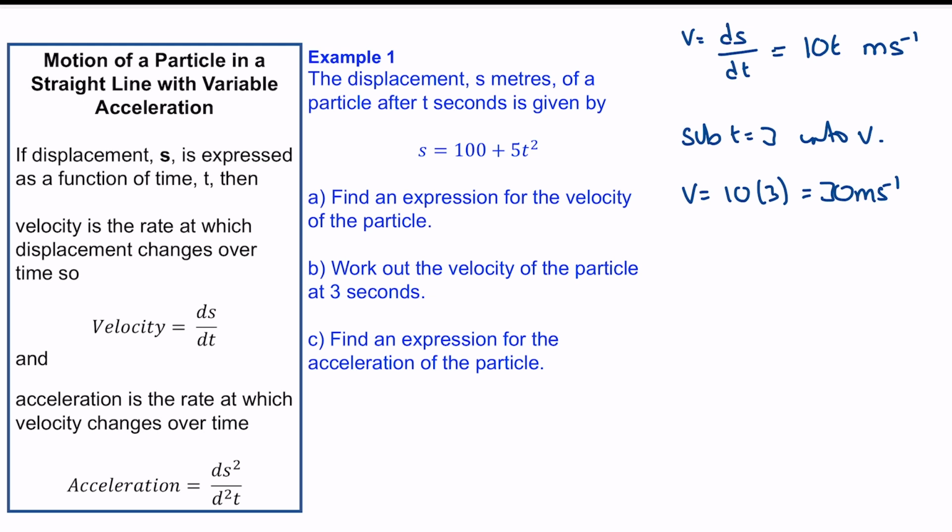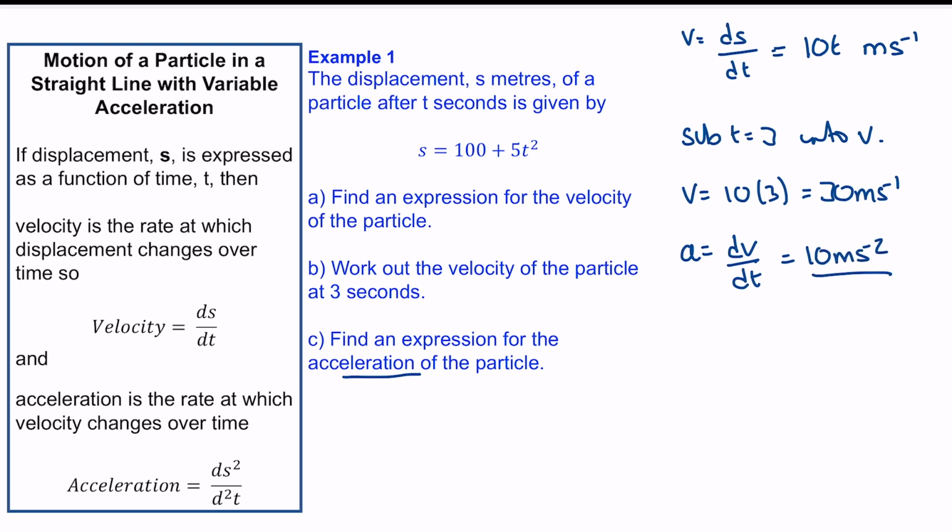And then for part C, find an expression for the acceleration. Well, acceleration is the change in velocity divided by the change in time. So we just need to differentiate v, which is 10t. We differentiate this, we get 10. So the acceleration is 10 meters per second squared.